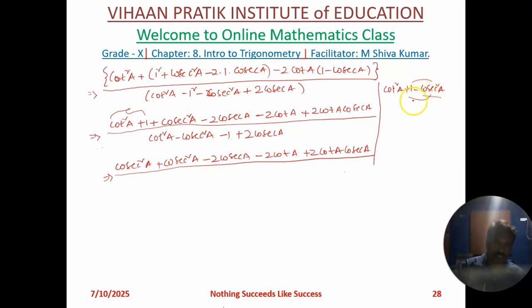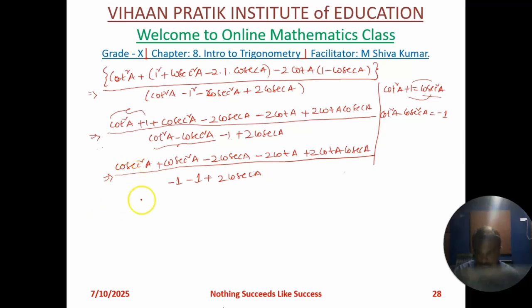When they move from RHS to LHS and LHS to RHS, their sign changes. So cot square A minus cosecant square A equals minus 1. This is the denominator identity. So this I'll write as minus 1. Already we have minus 1 plus 2 into cosecant A.